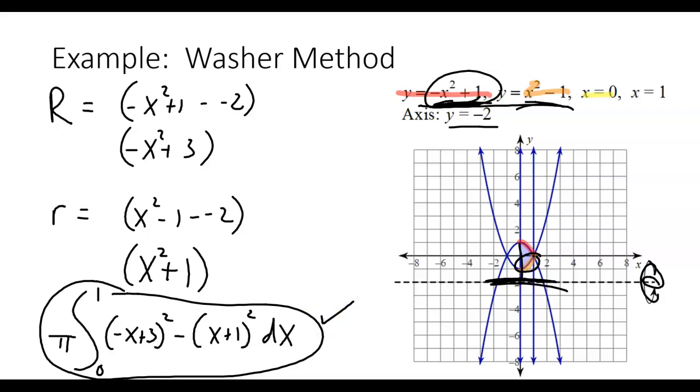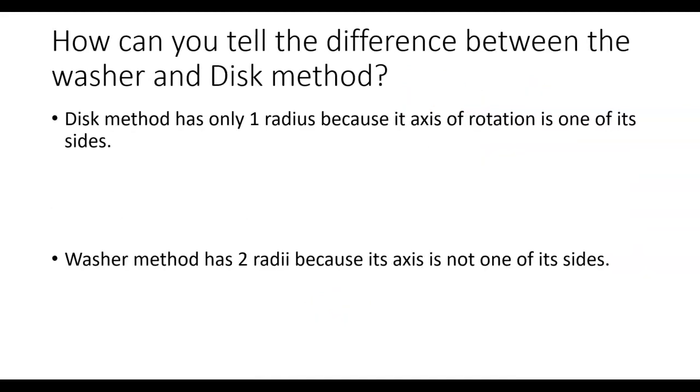So there's that. Now, some people might have a little bit of trouble understanding the difference between the washer method and the disk method. The difference is this. The disk method is a solid circle, whereas the washer method has a hole in the middle. And that hole happens because the area you're rotating has some distance between itself and its axis.